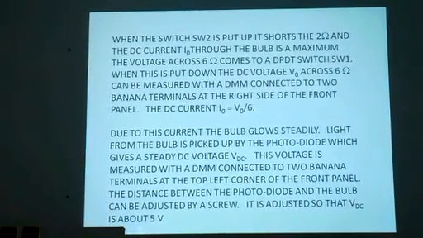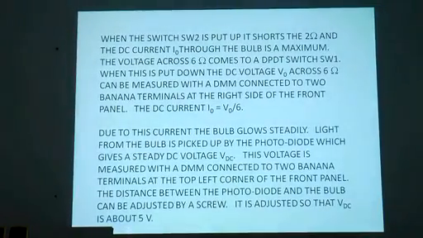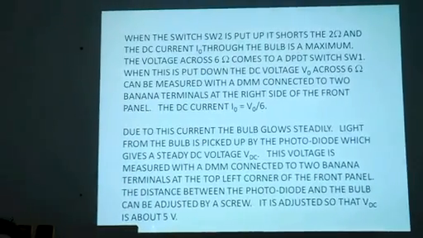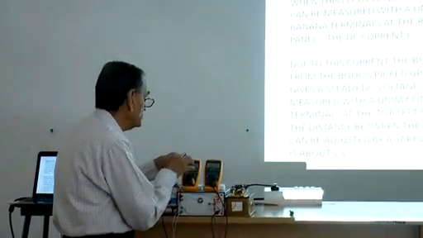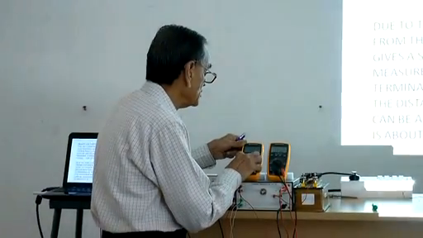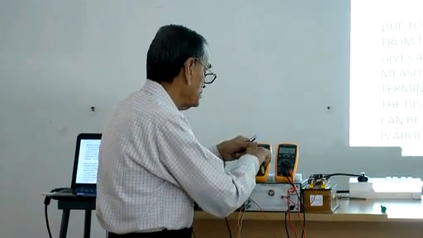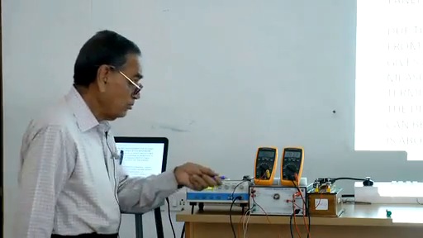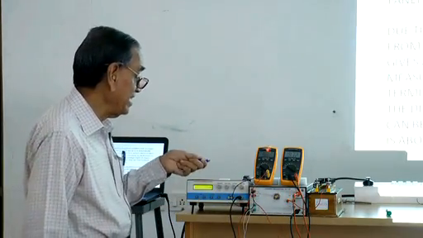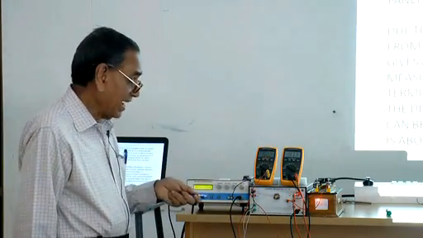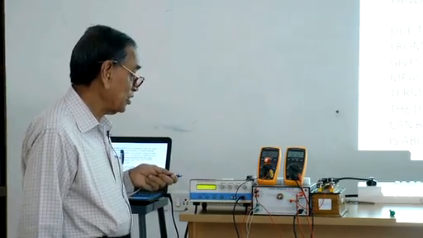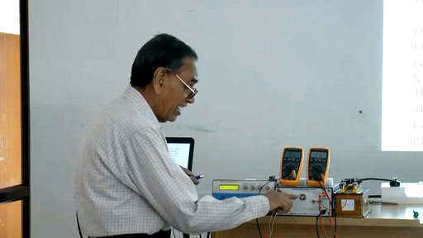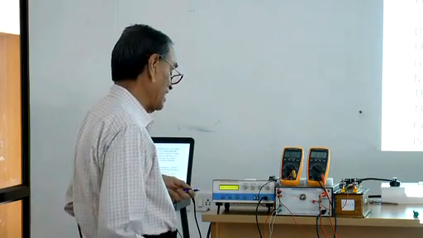If you move the photodiode away, this voltage will come down. Adjust this distance so that this DC voltage is about 5 volts and lock it with the locking nuts.